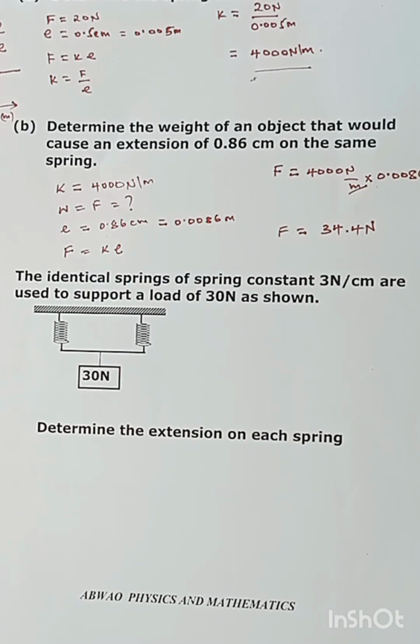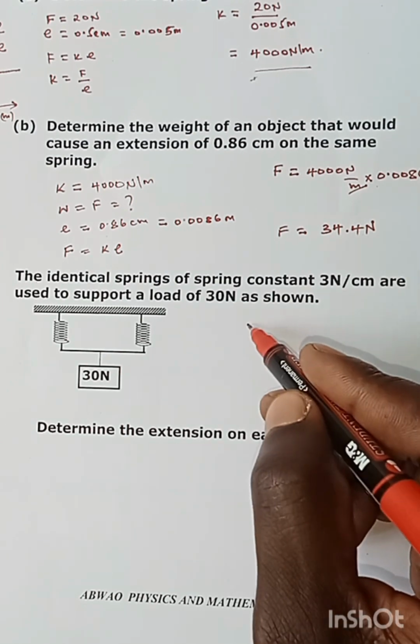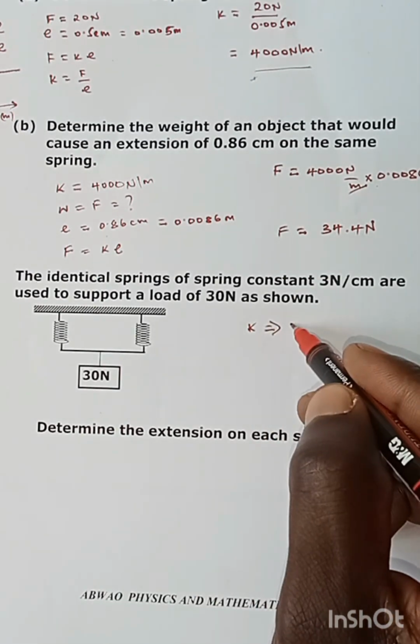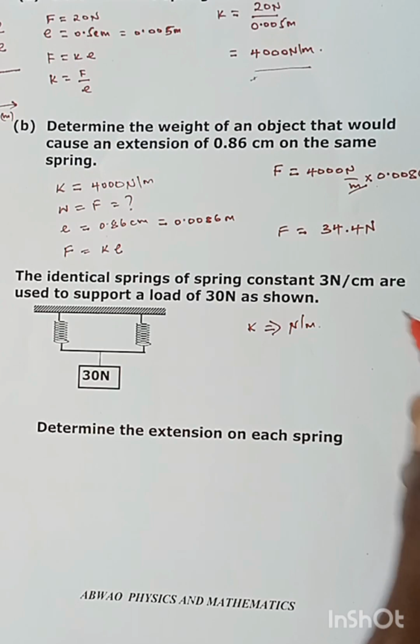The identical springs of spring constant 3 Newton per centimeter are used to support a load of 30 newtons as shown. Determine the extension on each spring. Now in this case, we need first to get the spring constant in the SI unit, which is Newton per meter.